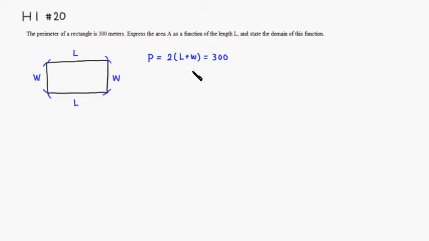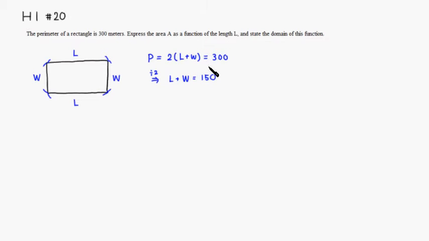Then I'm going to solve this equation for W. First we want to isolate this, so we're going to divide through by 2. That will get you L plus W is equal to 300 divided by 2, which is 150.